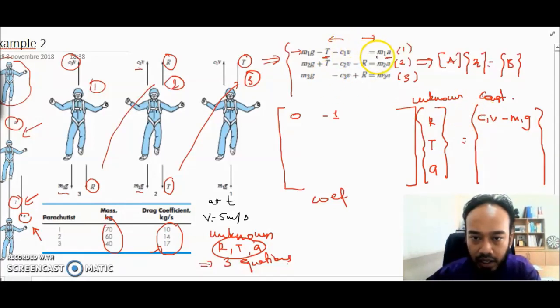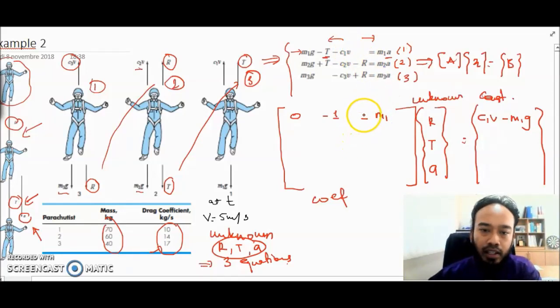M1A is not a constant because A is the parameter that we want to know. It's unknown. When you bring M1A to the other side, it becomes minus M1A. Then we go to the second row.